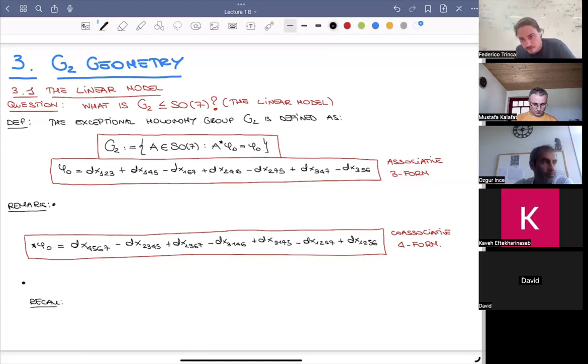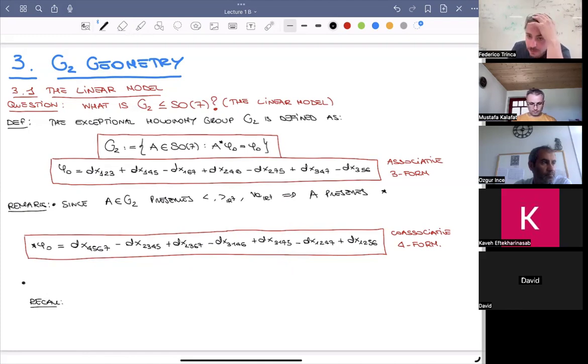However, since A, an element in G2, also preserves the inner product of R7 and the orientation of R7, it is also true that A preserves the Hodge star. So we know that A star of star phi naught is equal to star phi naught.